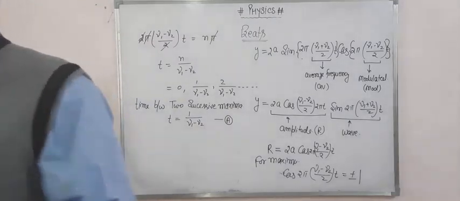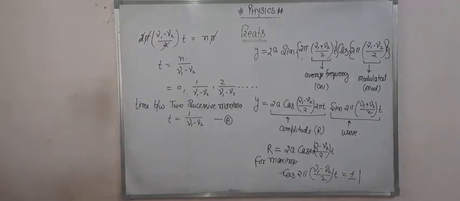Similarly, you can find the time between two successive minima. For 0, you get (2n plus 1) pi by 2. For 90 degrees it is 0, that is why (2n plus 1) pi by 2. For n equals 0 you get pi by 2, then 3 by 2, then 5 by 2.